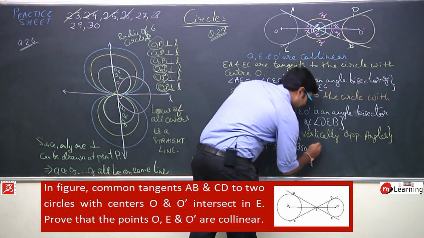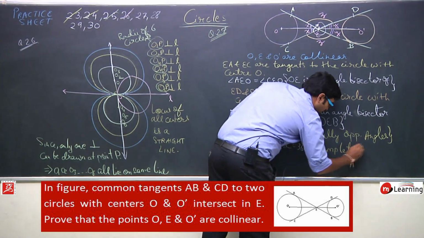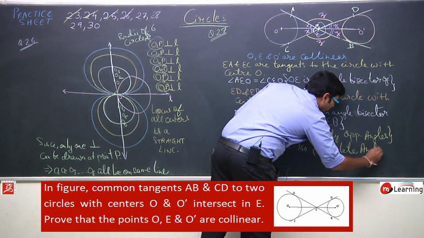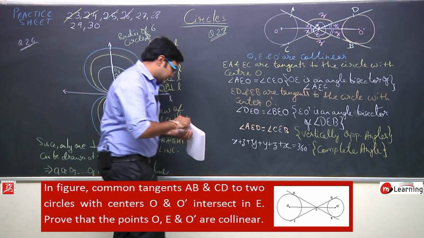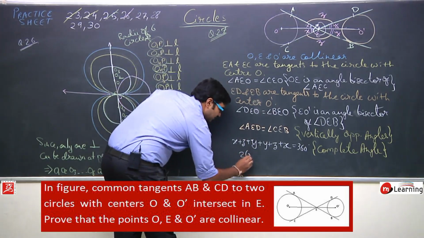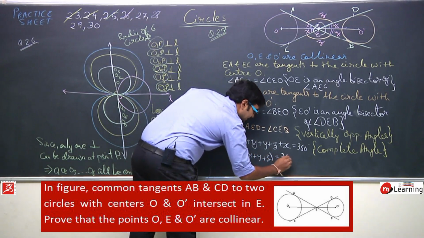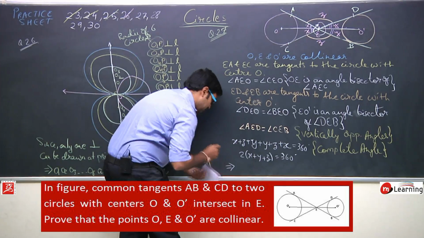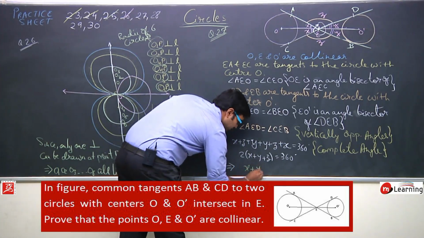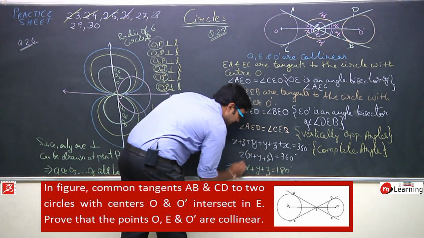Why this is 360? Because it is a complete angle. So it means 2 times of X plus Y plus Z is equals to 360 degrees, which implies X plus Y plus Z is equals to 180 degrees.